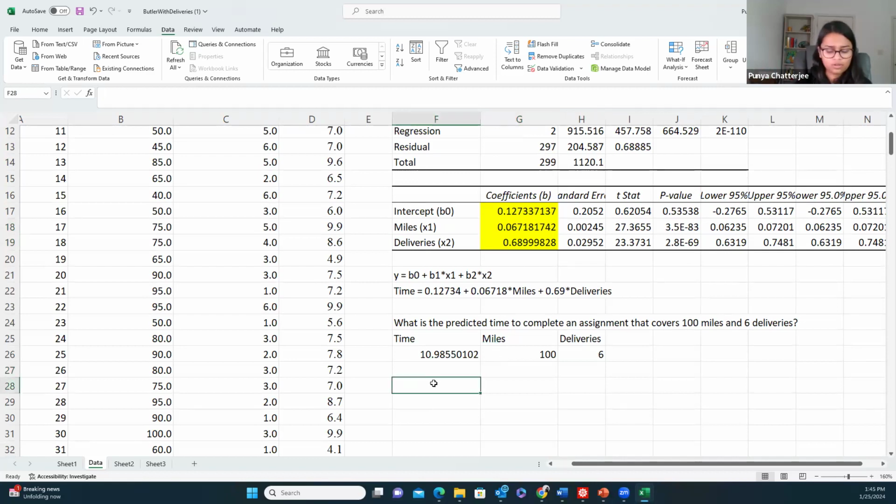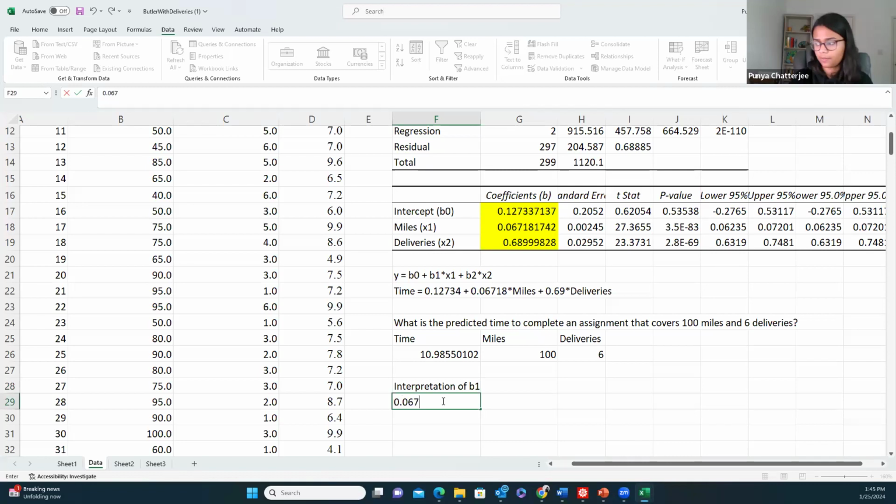For example, in this case, interpretation of the number 0.0671. So I'm gonna just call it interpretation of B1. And the B1 is a number of 0.067.